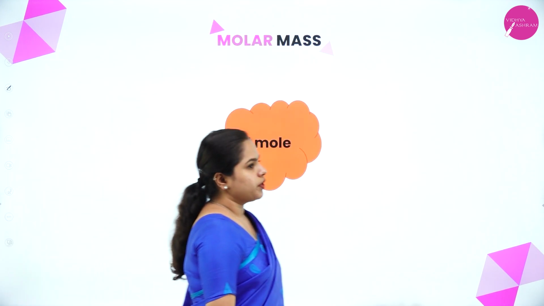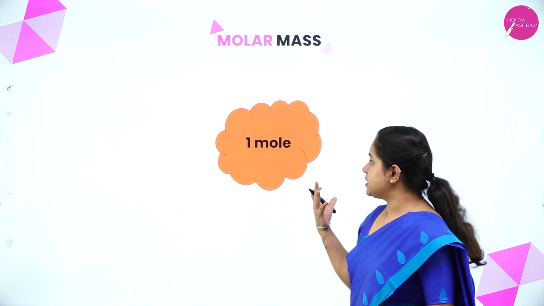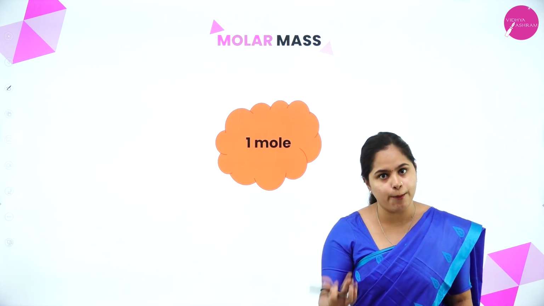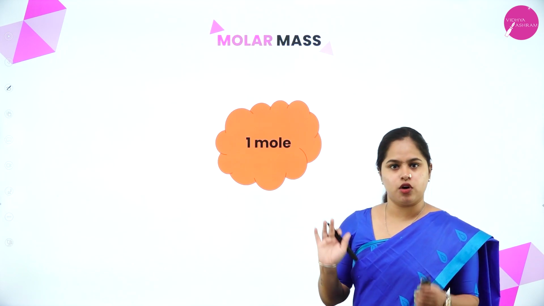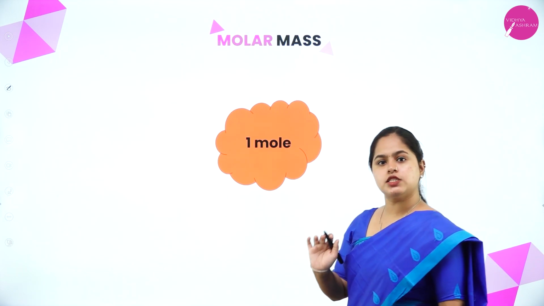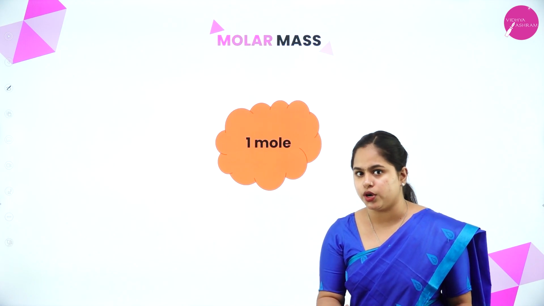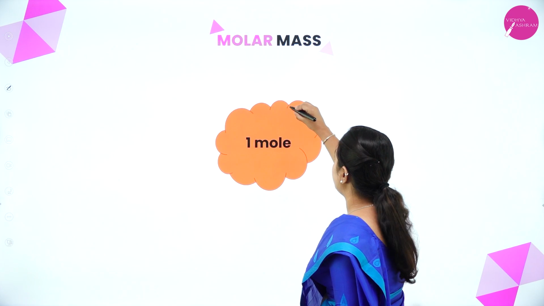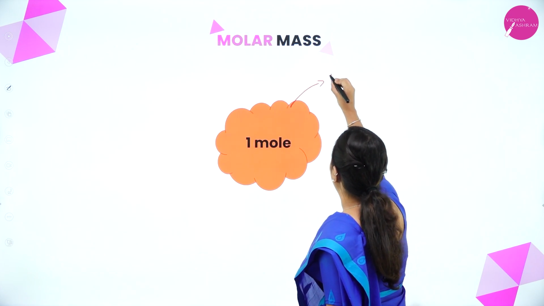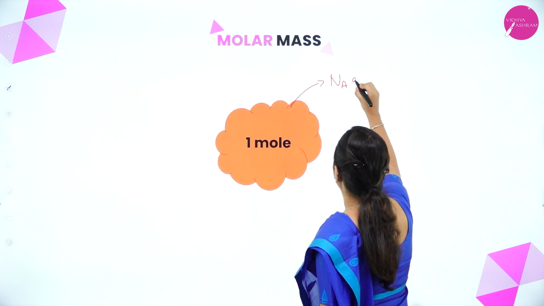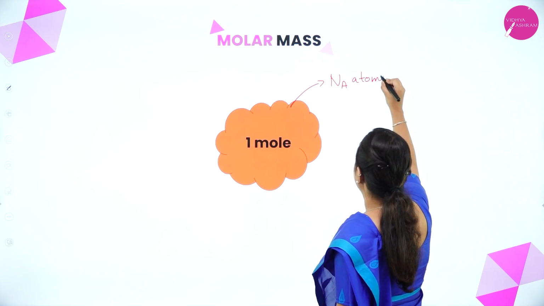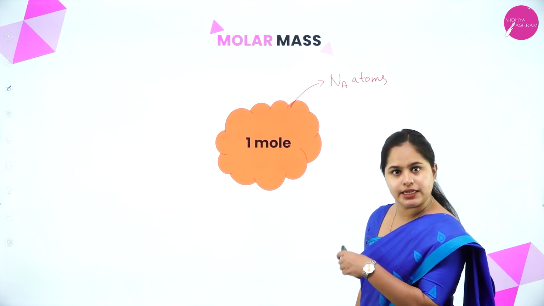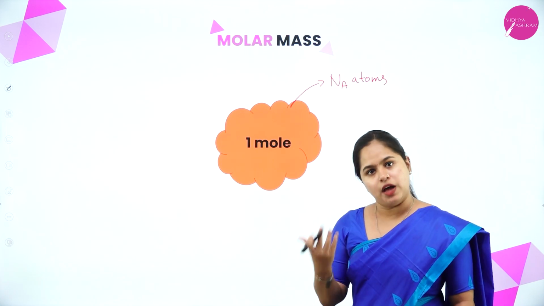So in total, let us see in how many different ways you can express your 1 mole. It is based on what we have studied till now. So what is 1 mole in terms of Avogadro number? If it is represented in terms of atoms, your 1 mole can contain Avogadro number of atoms. 1 mole equal to 6.022 into 10 to the power 23 atoms, if it is in the form of atoms.